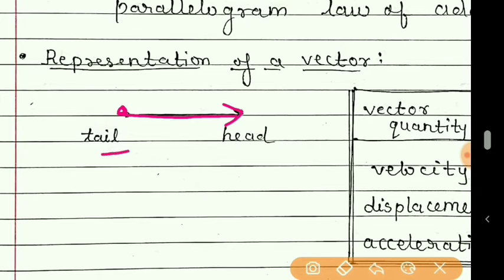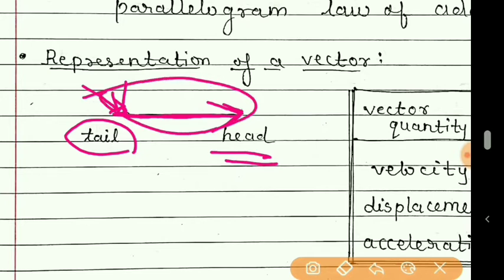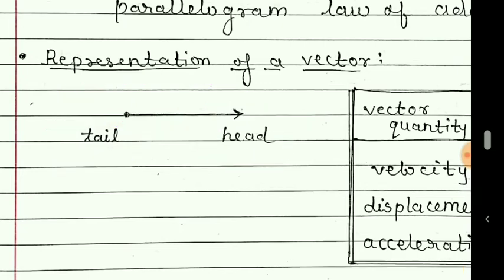This end point is called the tail, or we can say that it is a starting point. And where the arrow is there, that is called the head of a vector. So this is a vector where this is called tail and this is called head.